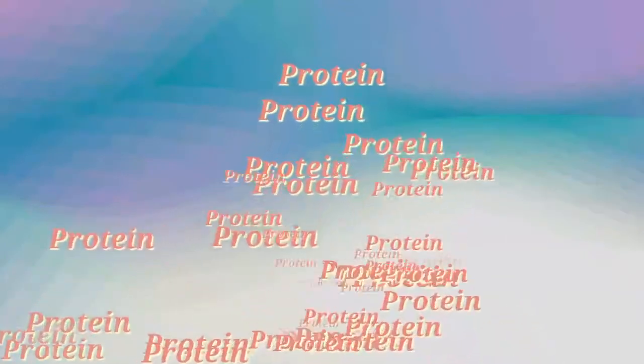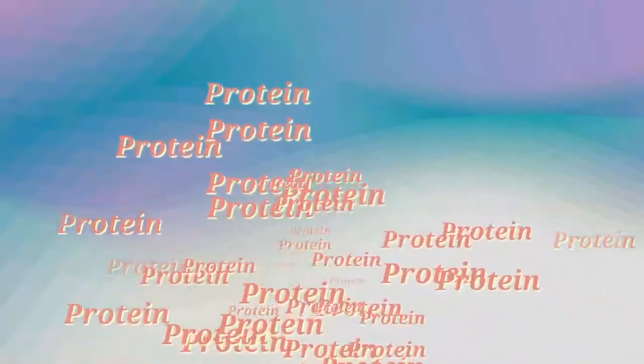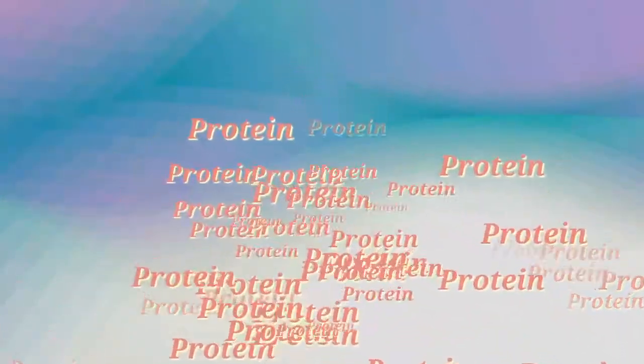The combination of the apoenzyme plus the cofactor is called a holoenzyme, a whole enzyme. The whole enzyme can function as an enzyme. Apoenzyme plus cofactor equals holoenzyme, a functional enzyme.